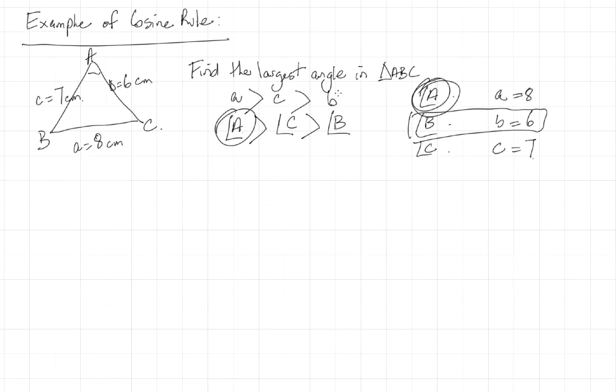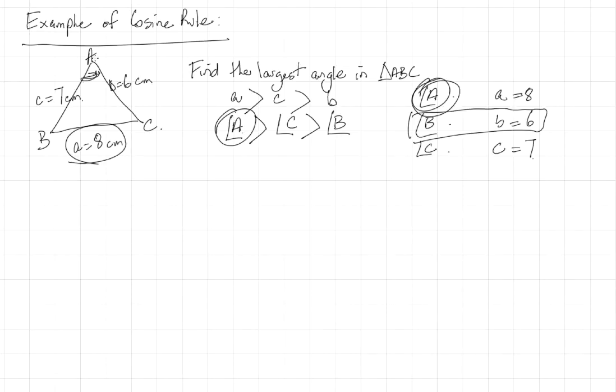Now, the cosine rule normally involves the two sides and the angle in between, but we have the two sides, but we don't have the angle in between. But we do have the other side. So that will allow us to work out the angle in between.